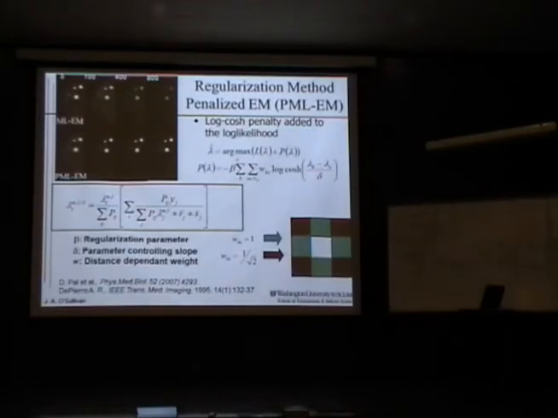And again, you can go through that whole framework that we talked about briefly before and come up with an iterative algorithm that will result in images that you see here in the bottom row that are less noisy than the images in the top row, which are from the maximum likelihood expectation maximization algorithm that's not regularized.